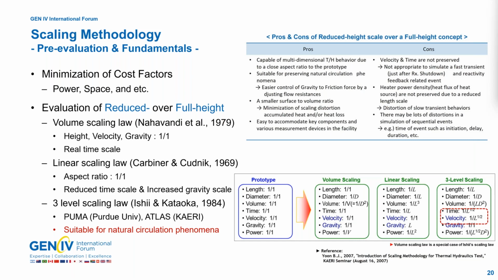In conclusion, the 3-level scaling law was selected, and it is suitable for natural circulation phenomena that Stella 2 will be looking at. Before I move on, just one thing to note is that in reduced height scale, the time and velocity scale is not 1-to-1, as you can see on the right bottom side with the red dotted box. Okay, next slide, please.